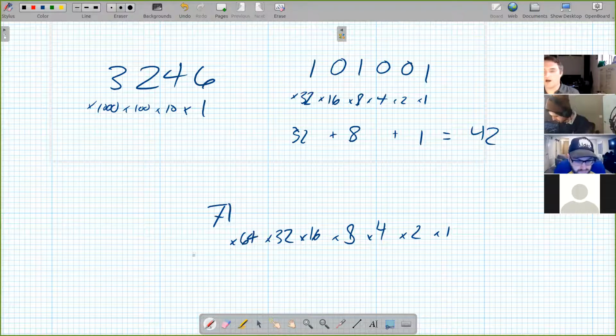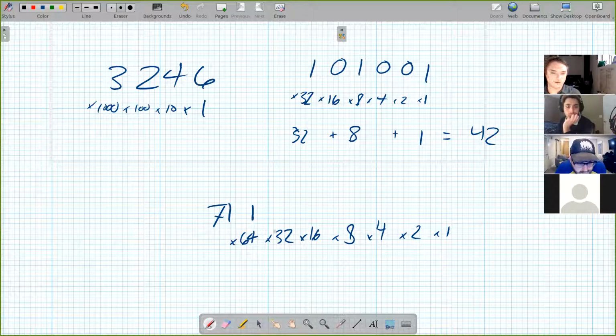Okay, so the next one would be 128. There's nothing in that place in 71. But there is a 64. You basically work left to right, and it's biggest numbers win. So we can't add 32 to it, we'd bust. 16, we'd bust. 8, we'd bust. 4, we can add 4 to it.